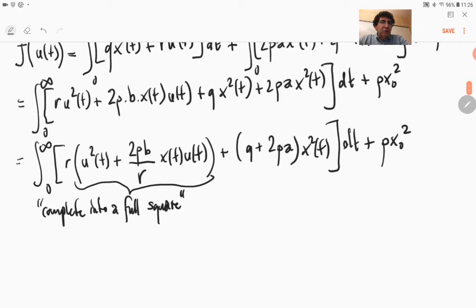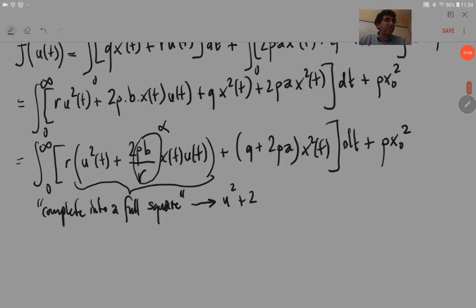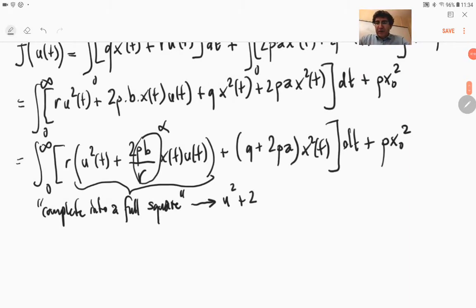So let's call this term alpha. What we are trying to do is make u squared plus 2 alpha xu, a form that corresponds to the form here, and we also need to add and subtract the term that completes the expression into a full square.